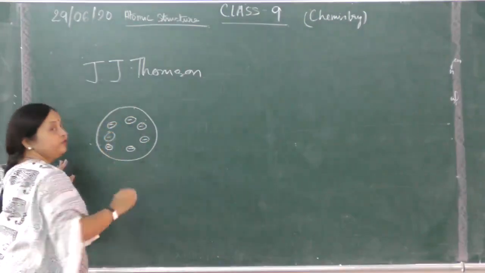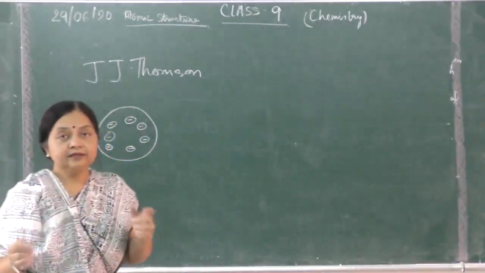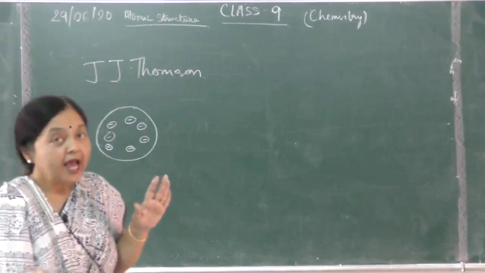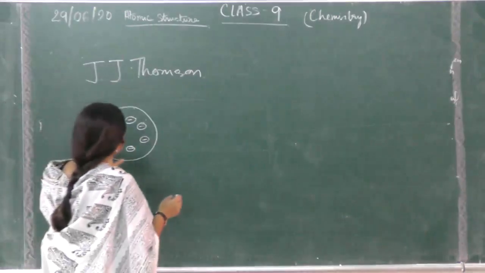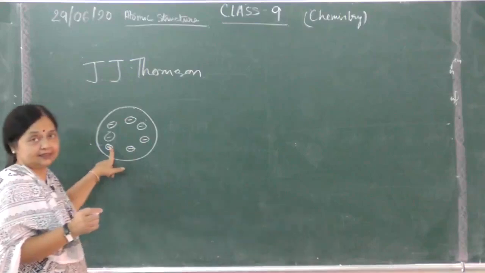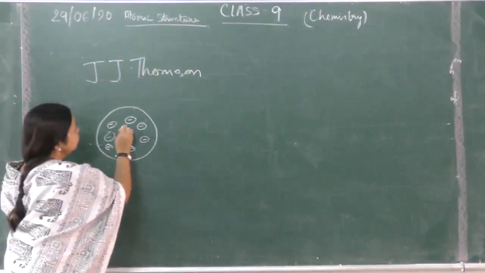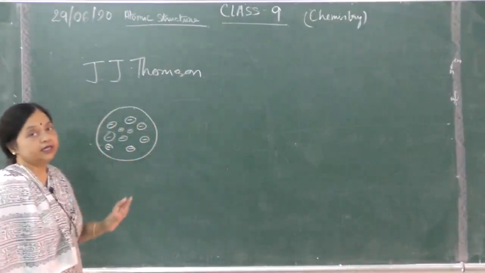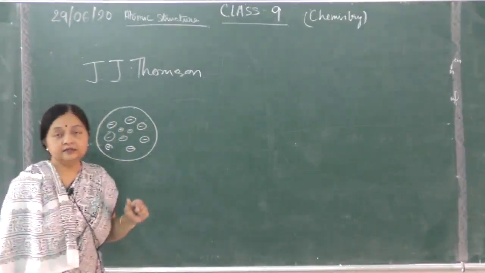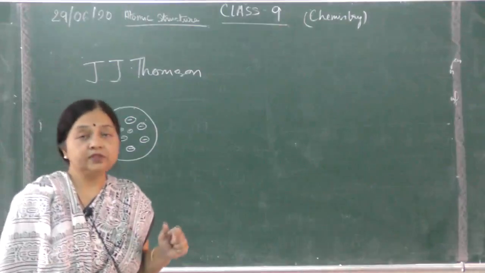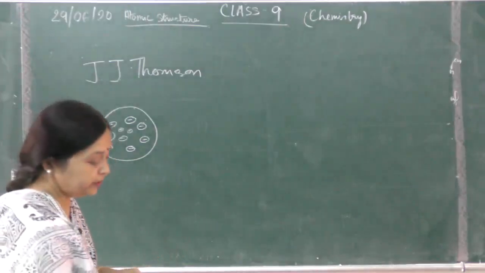It's like if you cut a watermelon, the red part is the proton and the black seeds are the electrons. So electrons are floating in a sphere of protons. That was given by J.J. Thomson. We call it J.J. Thomson's plum pudding model.